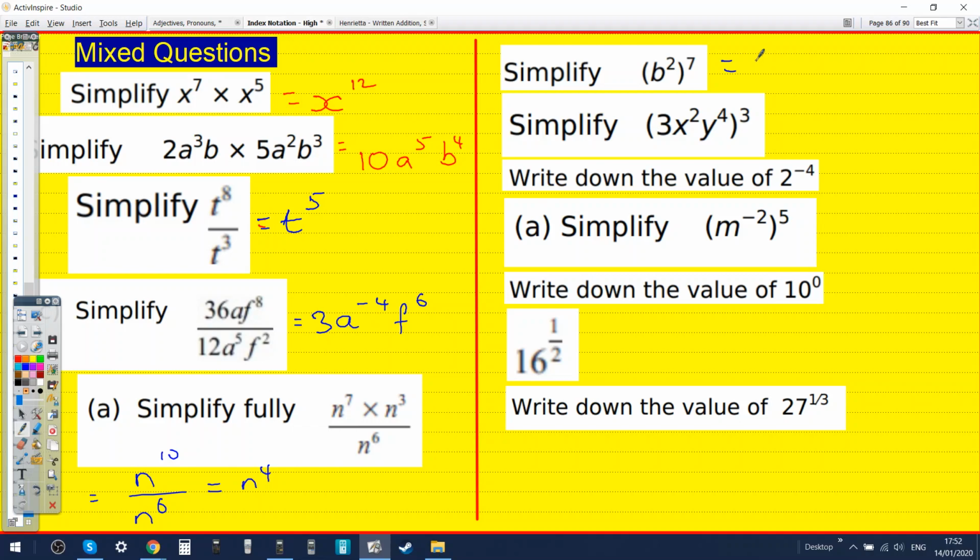It is B14. Say it again, sorry. B14. Yeah. How about this one?